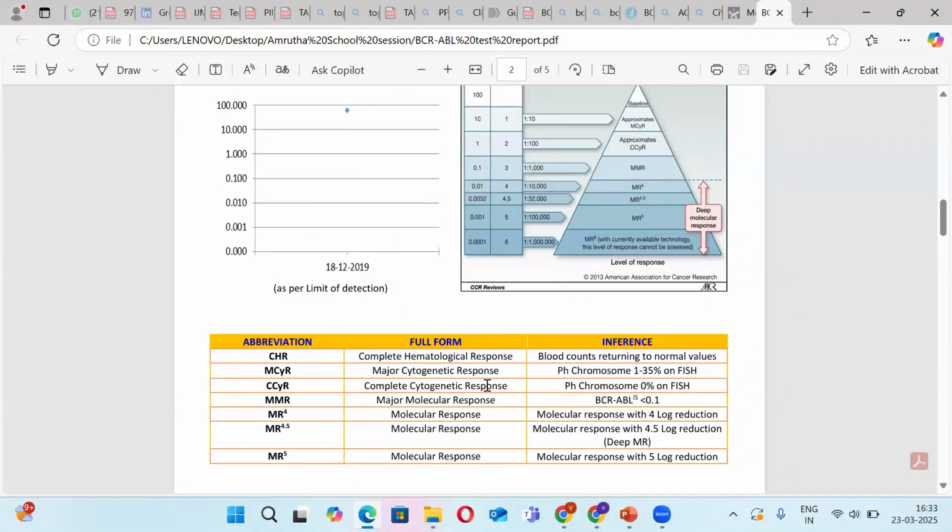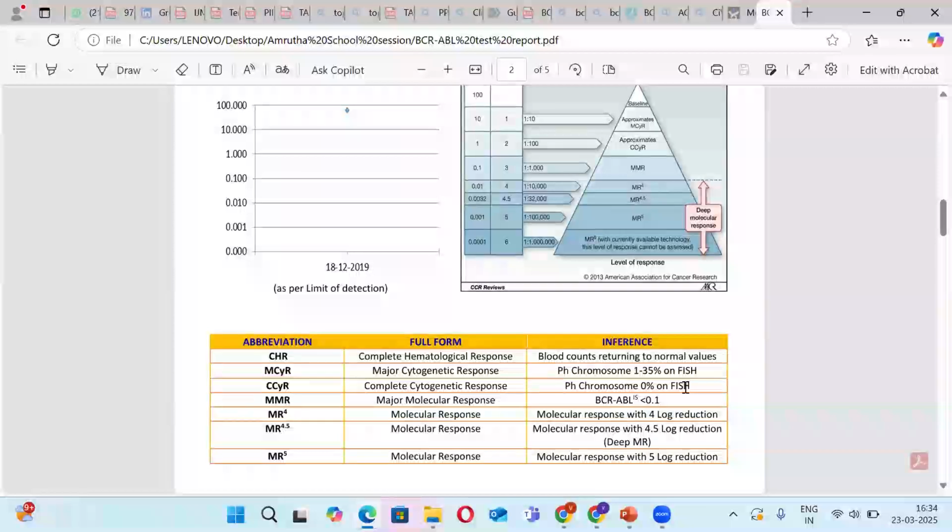Major cytogenetic response is when you observe the chromosomes under the microscope, either by the traditional method or by FISH, and you are seeing anywhere between a range, not 100% of cells, Philadelphia positive blast cells, anywhere between 1 to 35%.